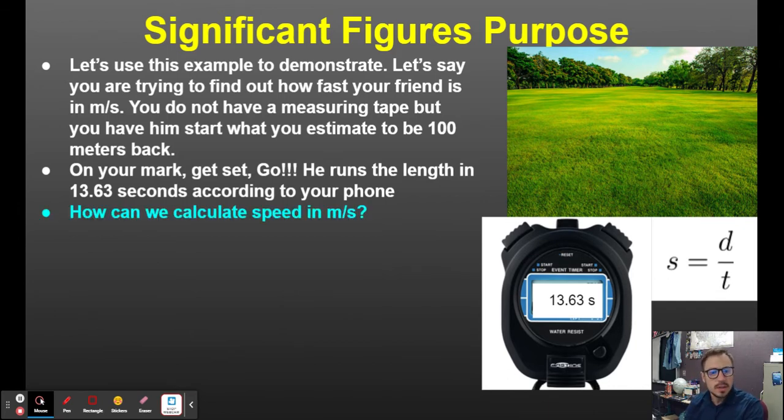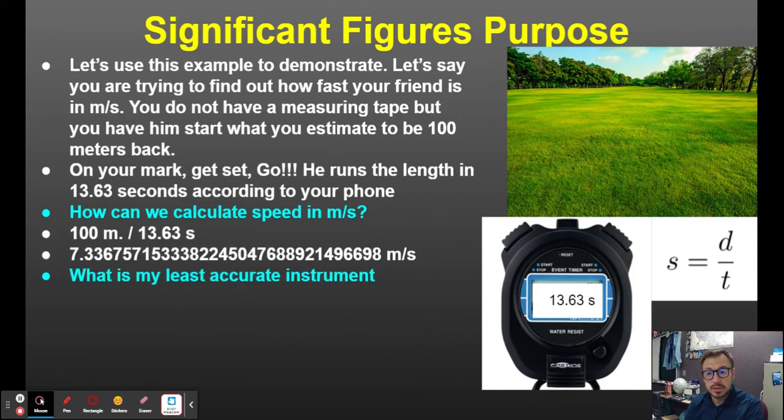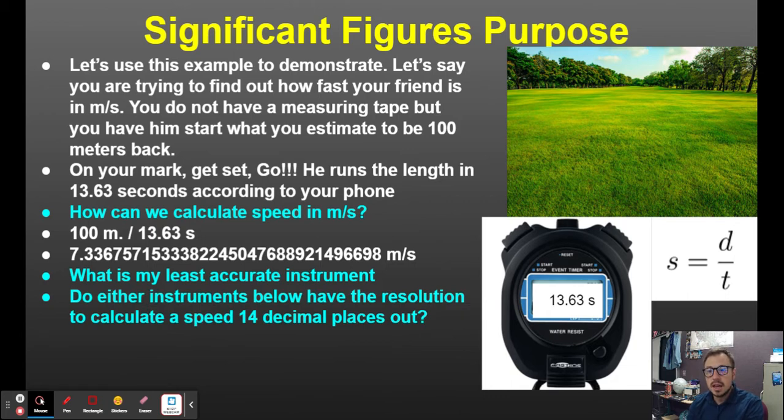So here's how we calculate mean speed in meters per second. You take the distance divided by the time, and this is what you get. Now, the least accurate measurement is what you used to measure the length of that field. You just used what you guesstimated, right? That 100 meters is only one significant figure.